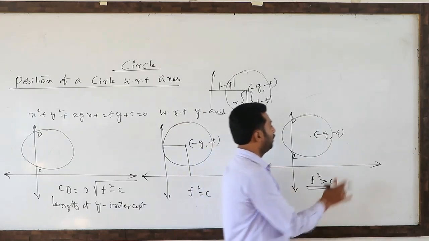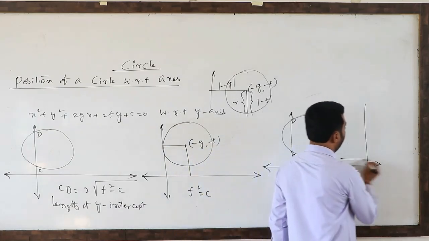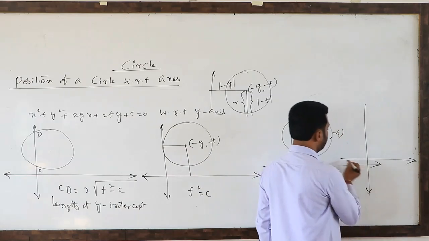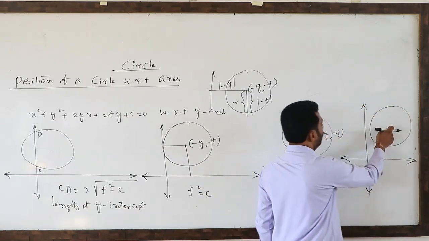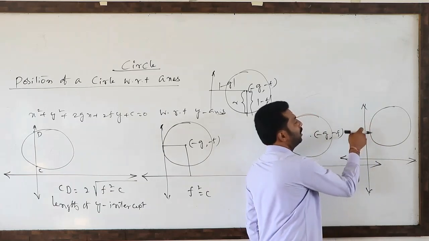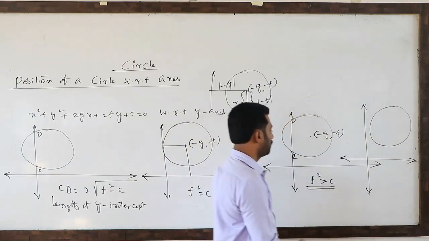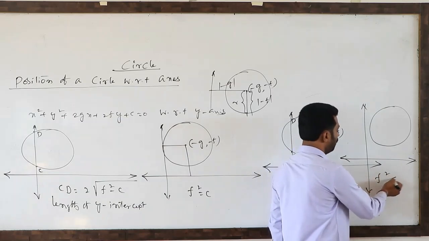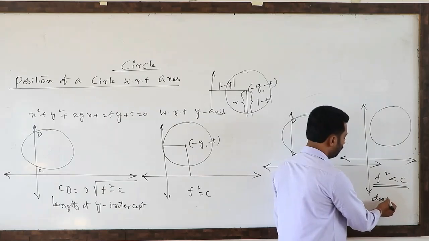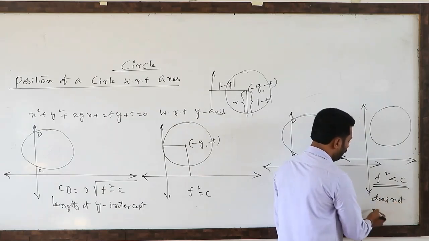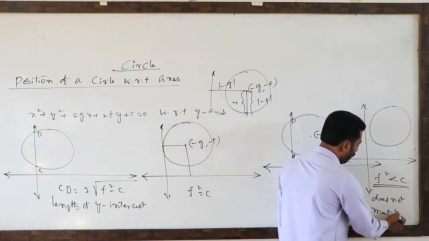Now, does not meet the y-axis means neither touches nor intersecting. Neither touches nor intersecting means f square is less than c. Does not meet the y-axis.